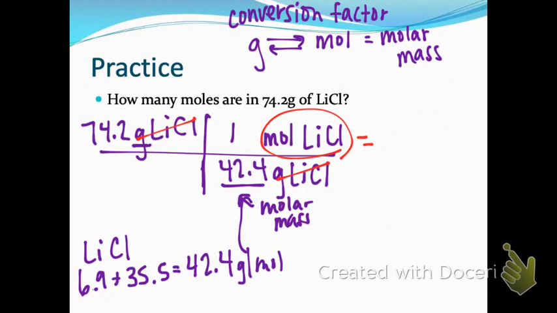More than 1 mole. How do we know that? Because the amount we started with was greater than what 1 mole of that substance weighs. A mole of the substance only weighs 42 grams, and we have 74. So that should tell you that we're going to end up with greater than 1 mole of substance. And I got 1.75 moles.